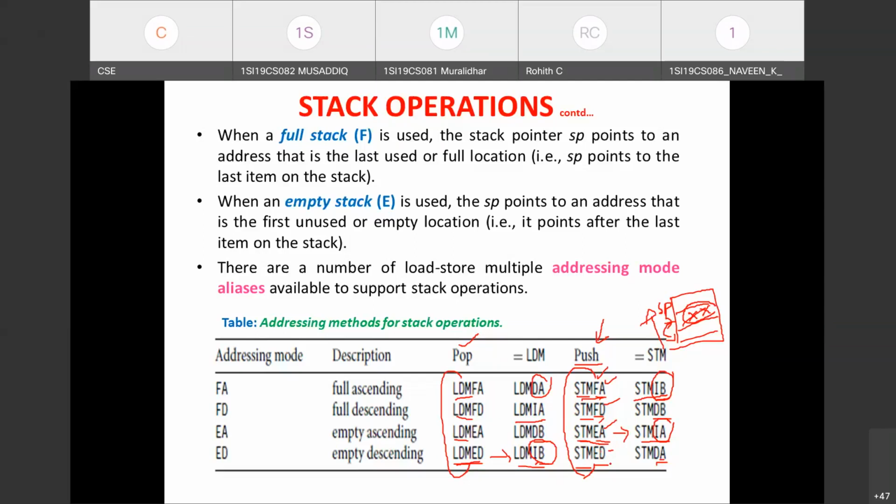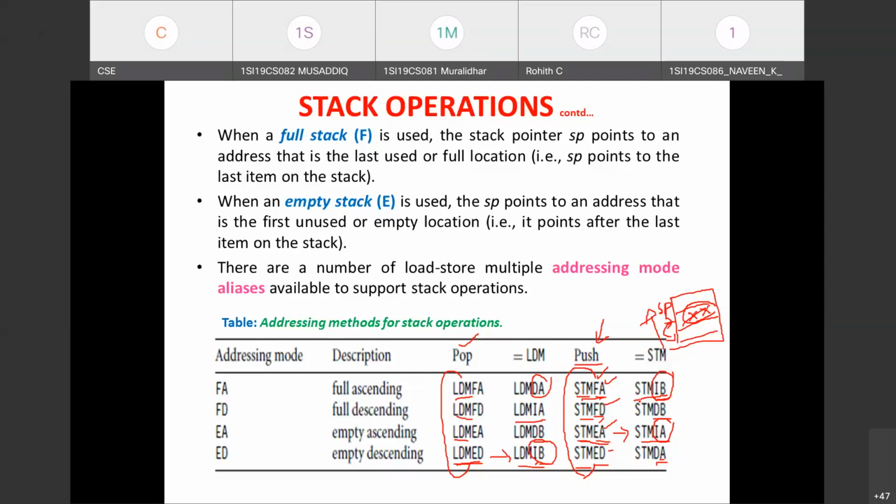If STM ED is used, how do we perform the push operation? First I need to insert and then decrement the stack pointer by 4. This is how push operations can be performed using these addressing modes. For the equivalent pop operation, it is the same addressing mode you'll be using. Whatever addressing mode is used for STM to perform the push operation, the same addressing mode you have to use for the pop operation, but the equivalent LDM and STM instructions will be different.